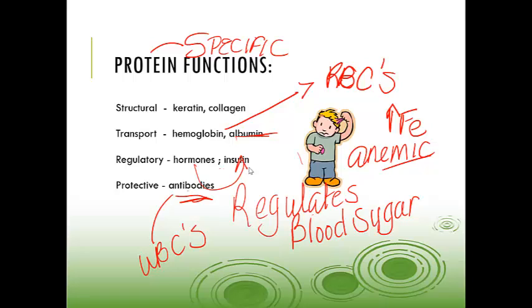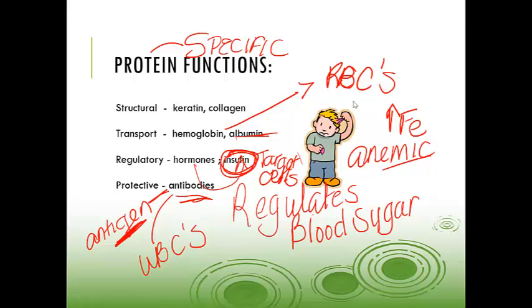We know that insulin has to be very specific. There are certain target cells on the outside of the cell membranes that accept those hormones. The antibody-antigen relationship is very specific as well.